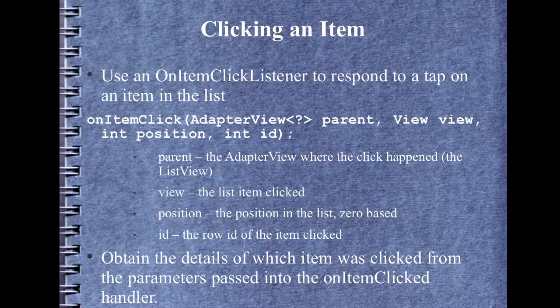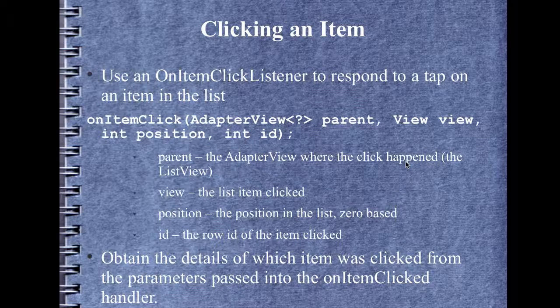It'll provide us with a view pointer, which is going to be the list item. It's going to provide us with a position in the list, and this is going to be 0-based. So if they click on the first item in the list, that integer position will be 0. And then it's also going to provide us with the ID of the clicked subview in that list. So this ID is the row ID of the item clicked.